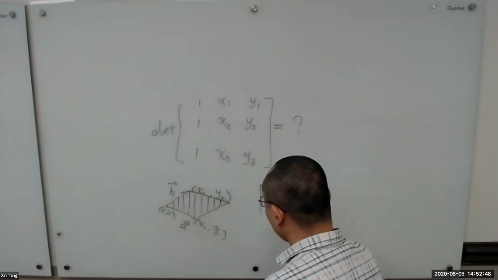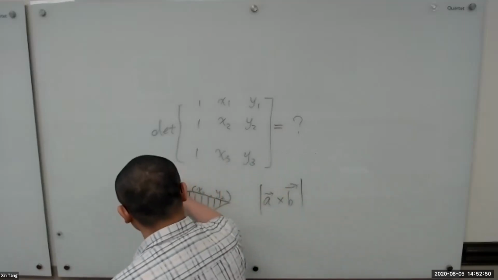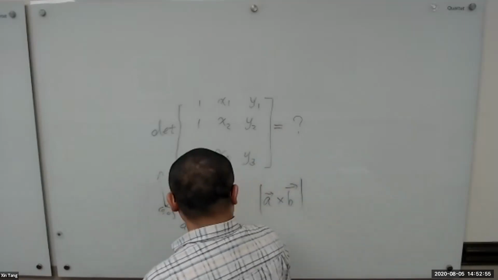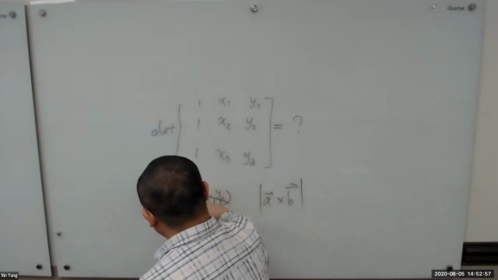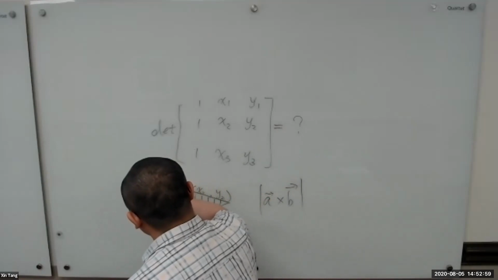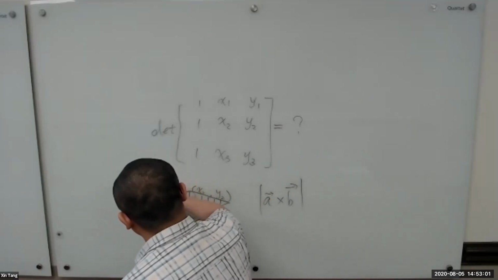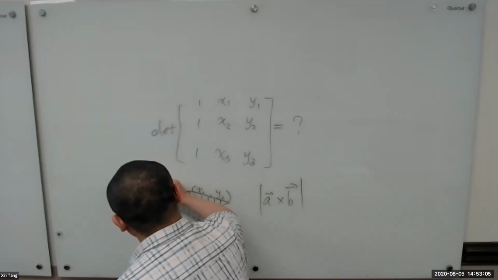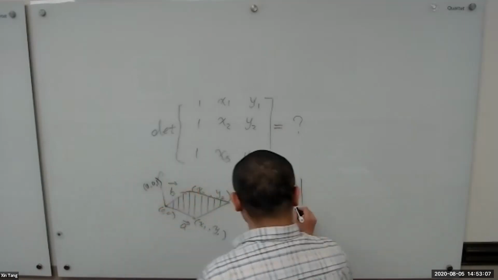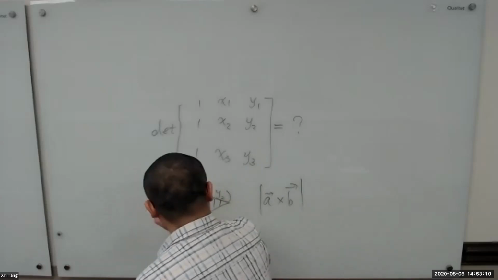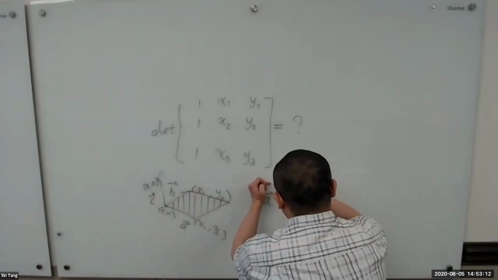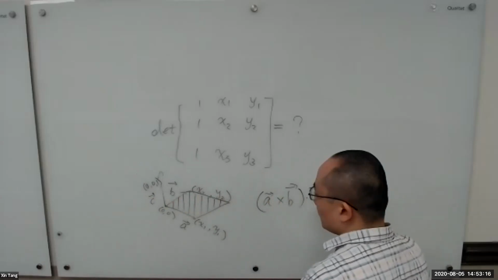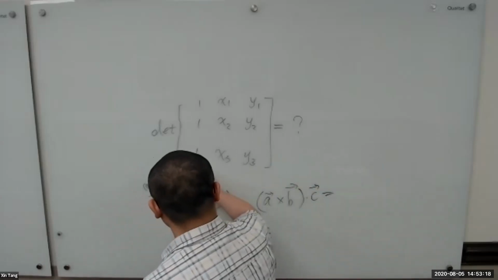Of course it will give you a new vector, by the right-hand coordinates. If we have another vector here, which is 0, 0, 1, called the C vector, and you take the dot product of this with C, you will get a volume.